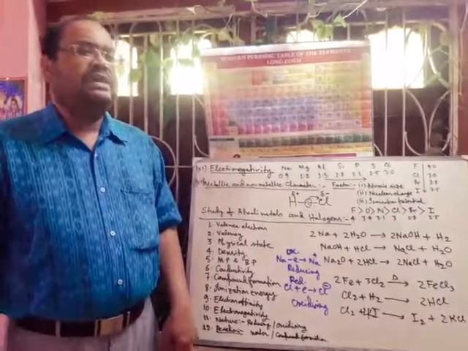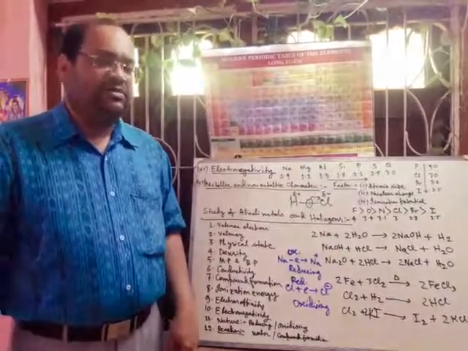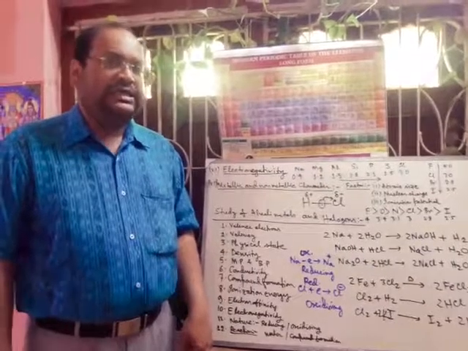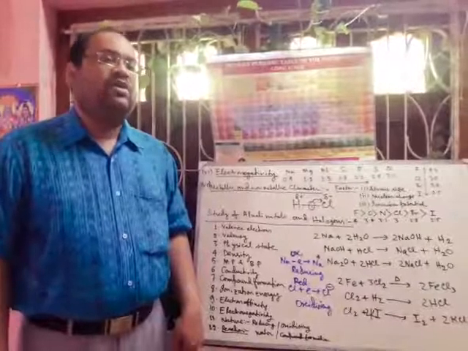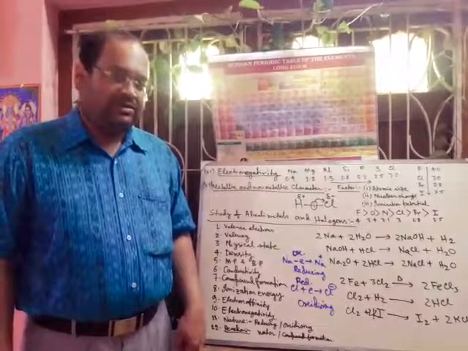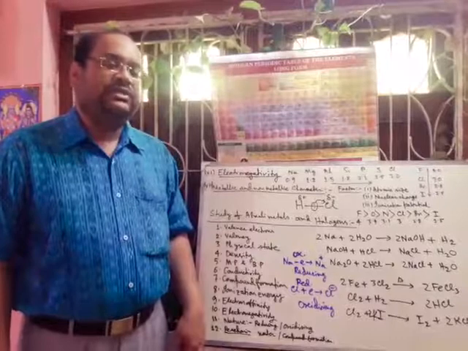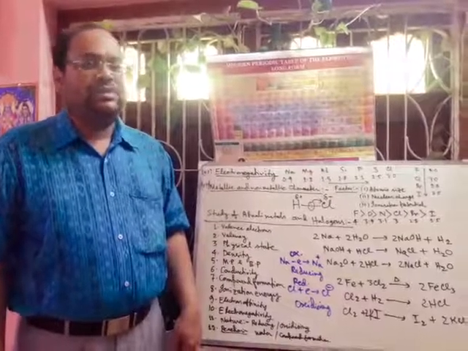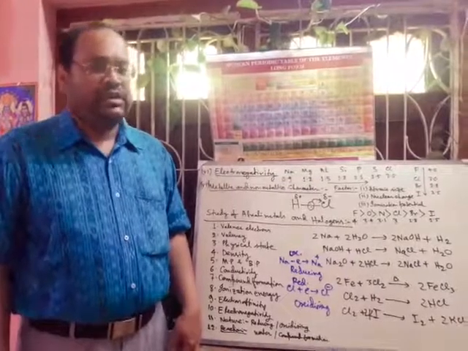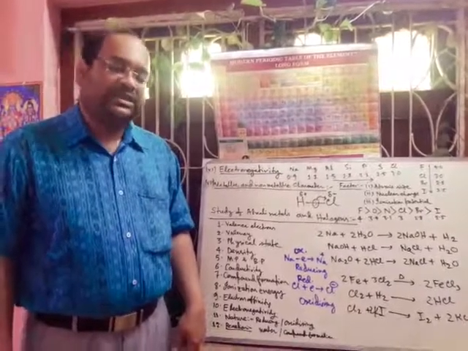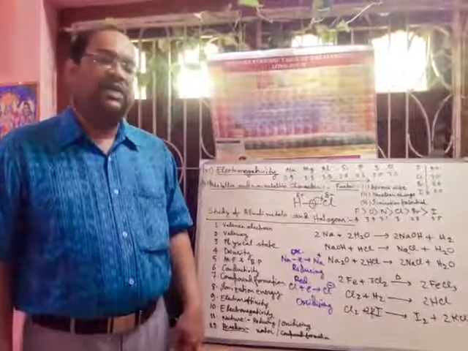If the electronegativity difference between two atoms is very high, then the type of bond will be ionic. We can take one example of sodium chloride. Here the electronegativity difference between sodium and chlorine is very high, so sodium will lose one electron and chlorine will accept one electron, and there will be complete transfer of electron and the type of bond will be ionic.